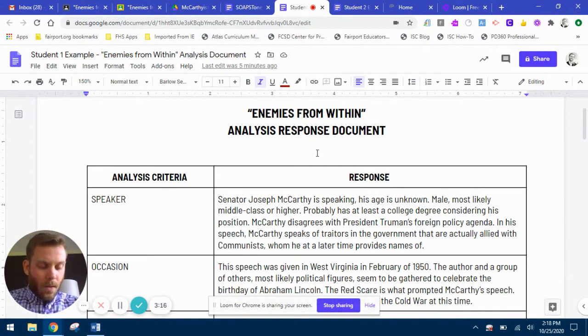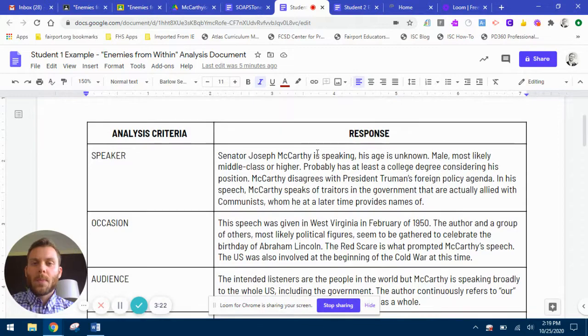Now, a few things that I want to point out as we're looking through this particular response: you will see that this student did a really good job of not just giving the name of the speaker, as some of you did, but she also delves into some other things.